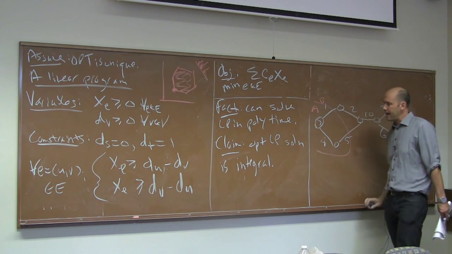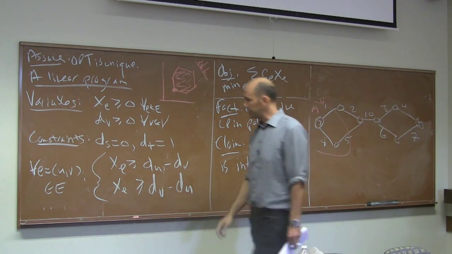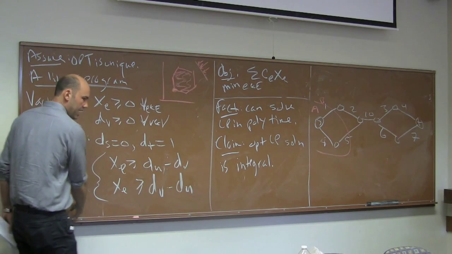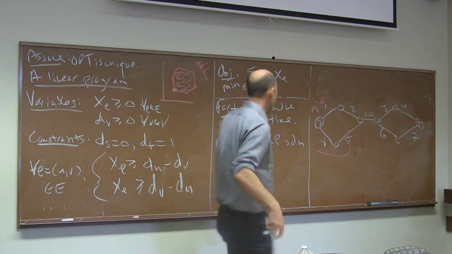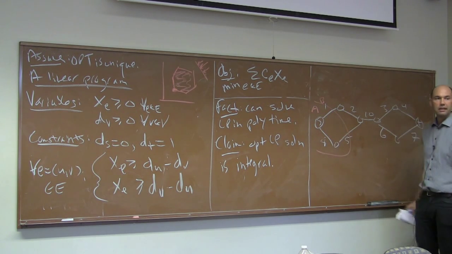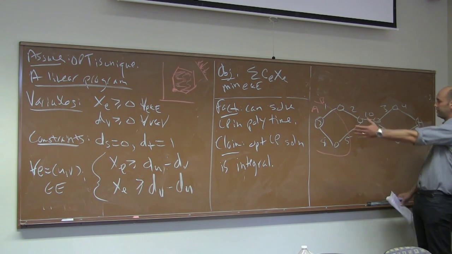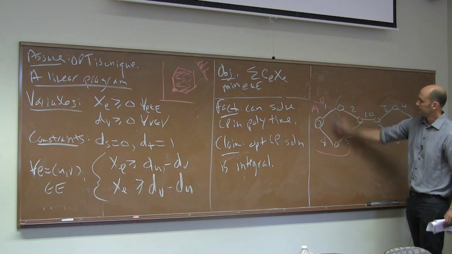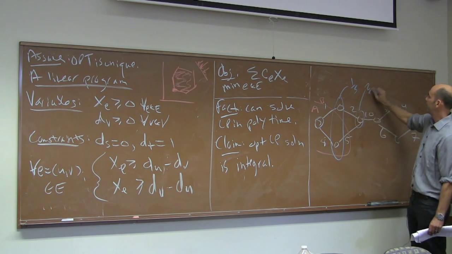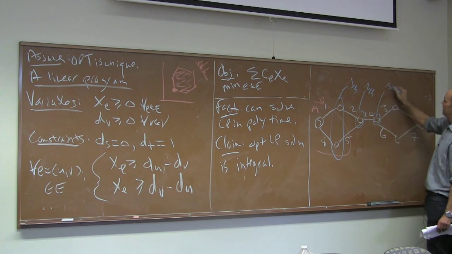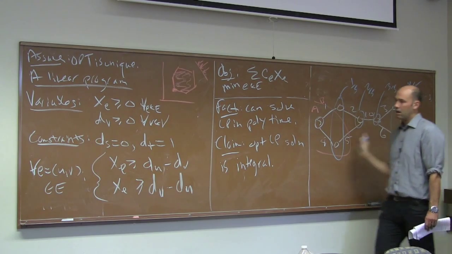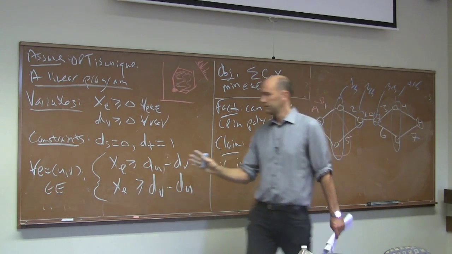Just to illustrate what fractional solutions might look like, imagine in this graph you set the d values to be 1/5, 2/5, 3/5, and 4/5 along the path, and you set all of the x sub e's equal to 1/5.